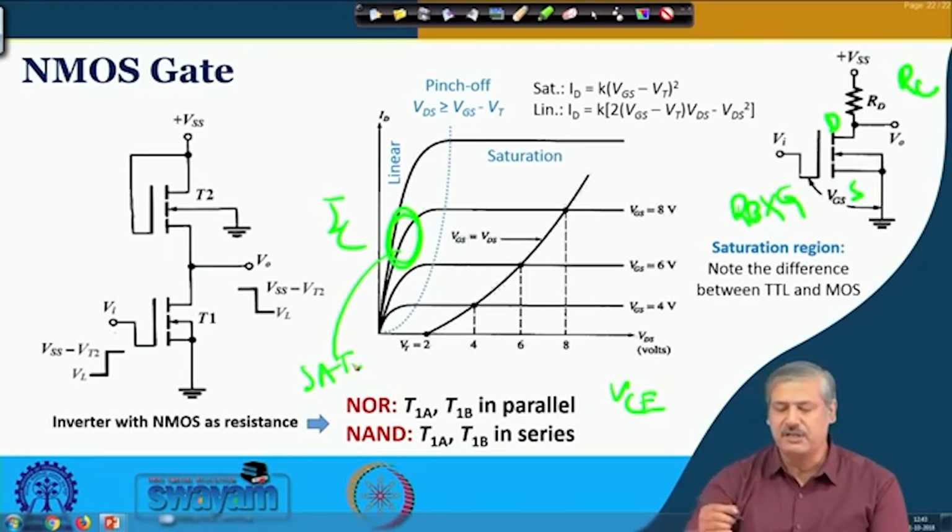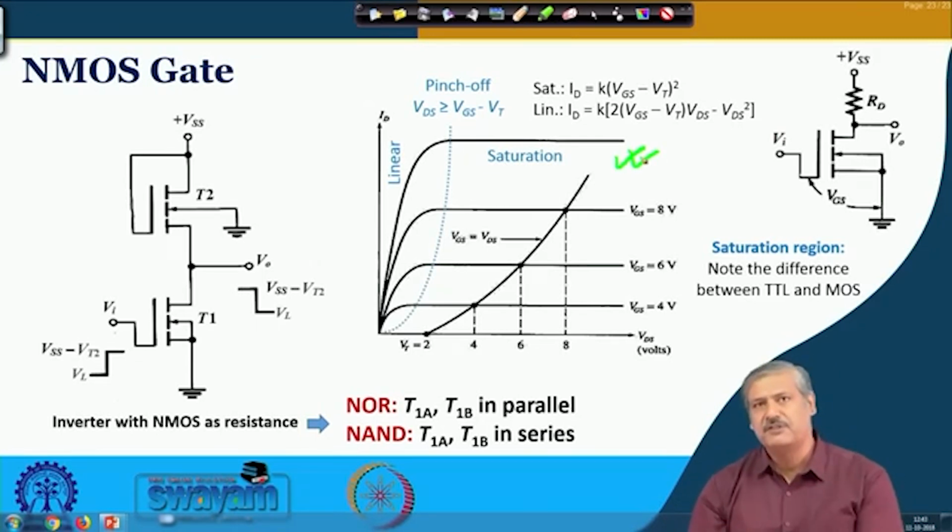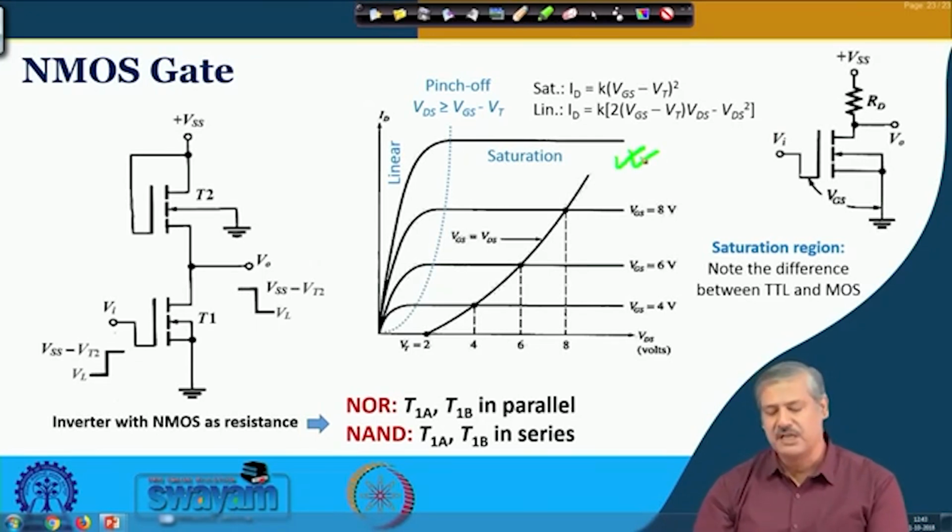However, in this particular case, this region is called the saturation region. This difference is to be noted so as not to get confused. When VGS is greater than VT and the current increases with increased VDS, that is called the linear region or triode region.